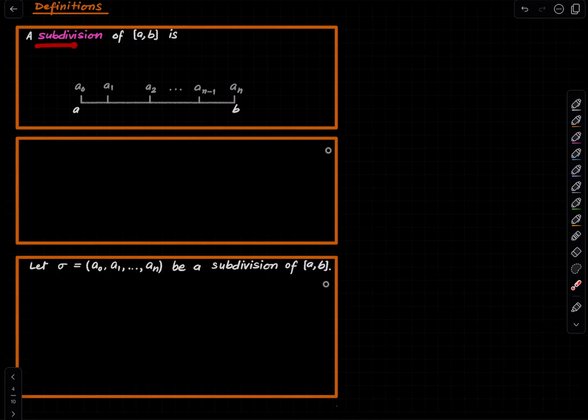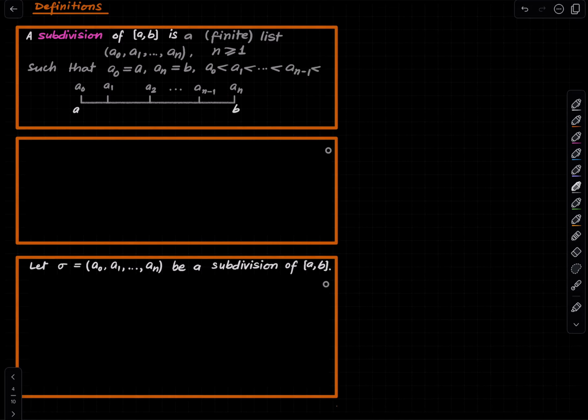So formally, a subdivision of the closed interval a comma b is a finite list of n things, n is some positive integer, such that the first guy is the left end point of the sequence, the last guy is the right end point of the sequence, and in between we have these inequalities.